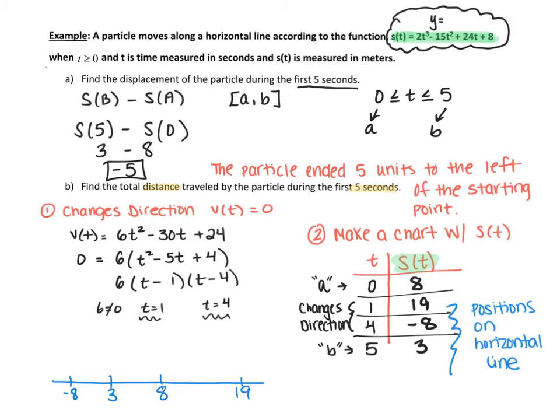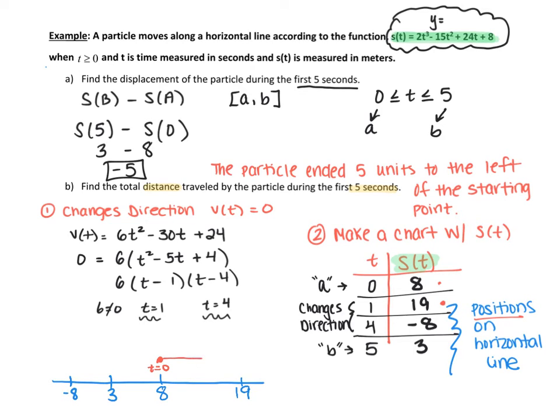So now what we're going to do is we're going to draw our particle movement. So it starts at time equals 0 at 8. So we're starting at 8. So you could put your first dot here because that's the position on the horizontal line. We'll call this time equals 0. Then I travel to 19.